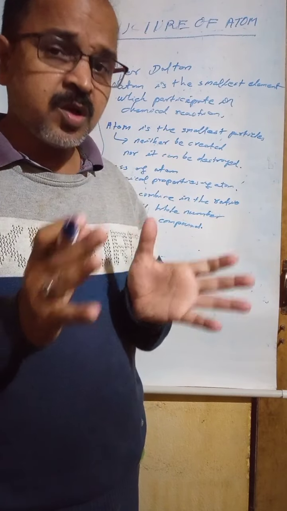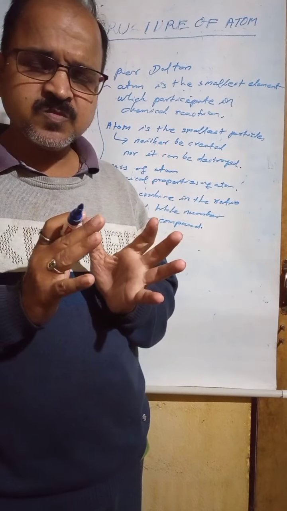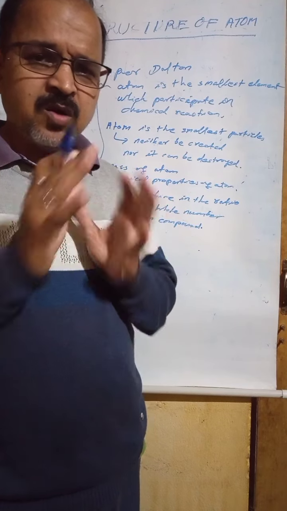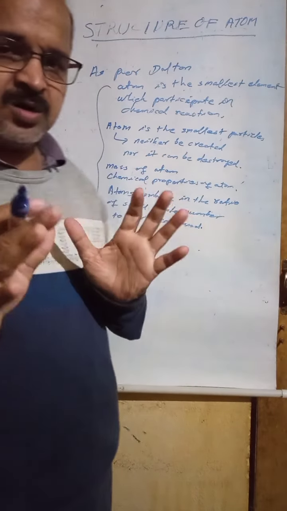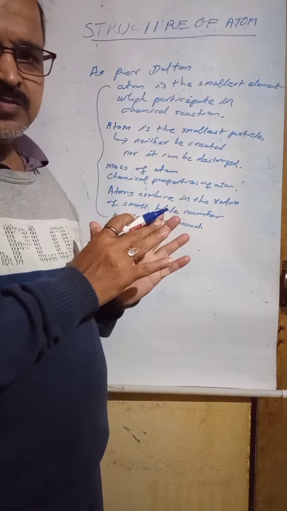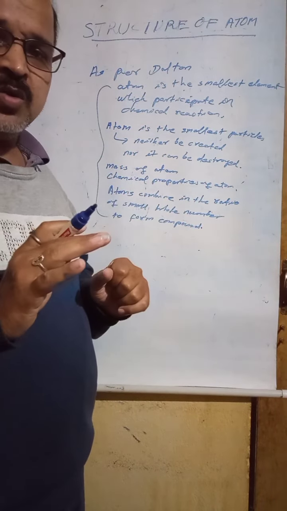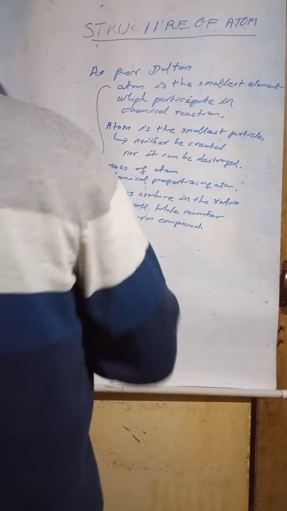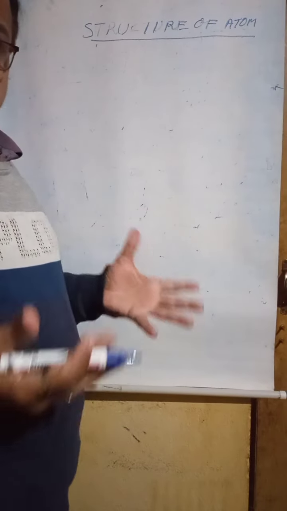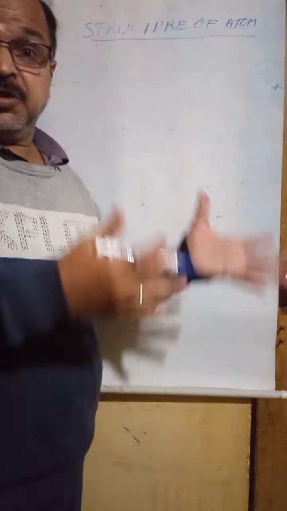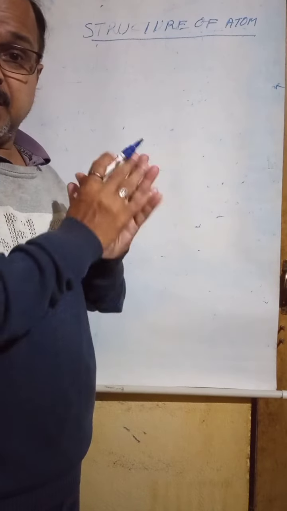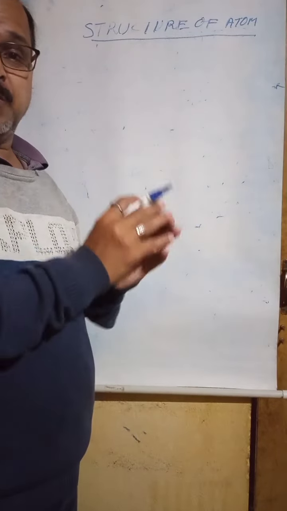You already know valency and other things, and you'll learn about valency in detail step by step. Dalton told that the atom is the smallest element and it is indivisible. It cannot be divided into small parts.